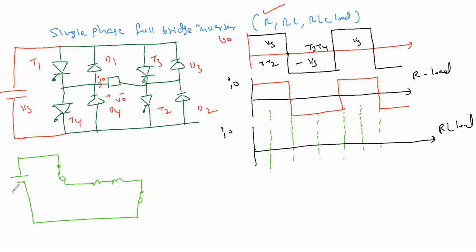This is what happens. Vs, T1 इधर है, T2 इधर है. Okay. And this is RL load. So it depends upon the magnitude of inductance components. The current will be lagging in nature. And you can see here now it starts from here on. Yes, it goes here now.